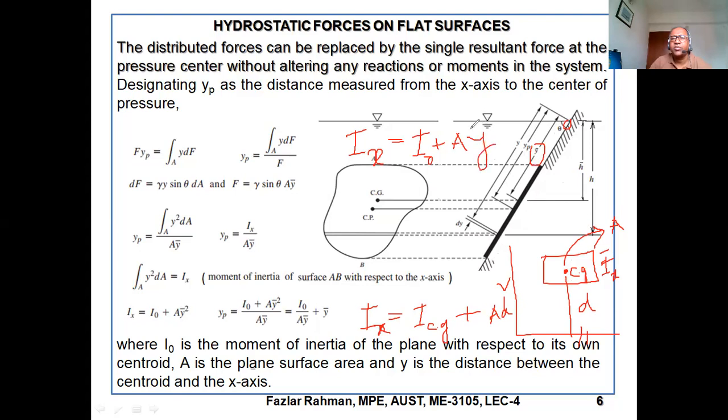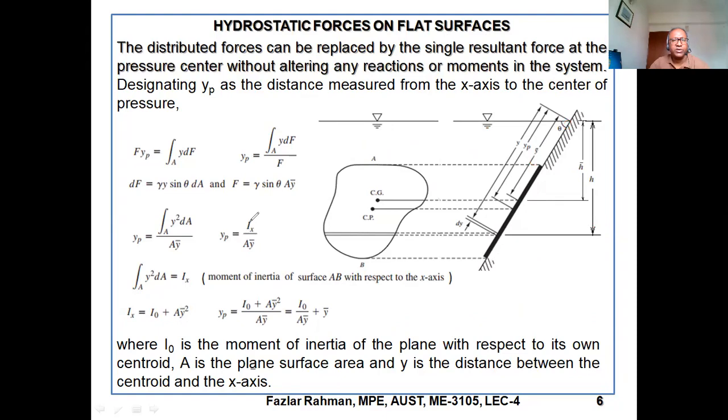So A y bar whole square. Now, Ix we'll put over here. So if Ix you put over here, then at the bottom we have A y bar. So I naught by this value. Right over here, A will be out, only y bar. So this is the location of the center of pressure.